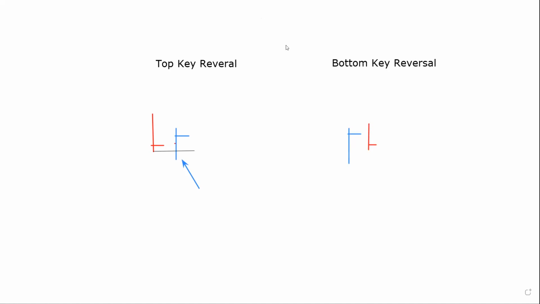As I told you, it breaches the high of the last bar and then closes below, and it closed in the middle of the range of the previous bar, right? If this close was right over here at this point, we will call it a top reversal. But if it was in the middle like this, we will call it a key reversal. Easy.